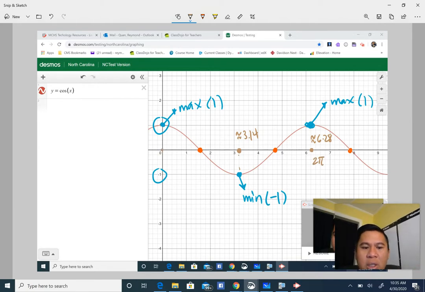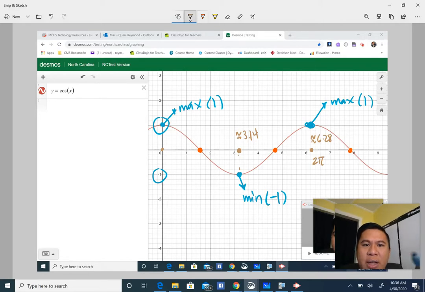And here is the origin, 0, 0. So we can see that the cosine function has its minimum at pi and a maximum at 2 pi.